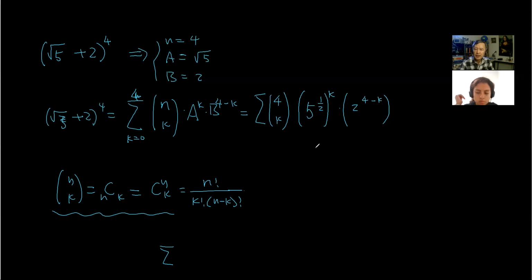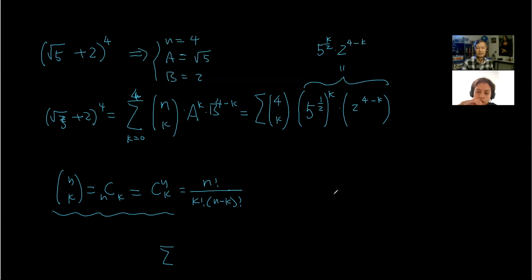Now, can we simplify this first? We simplify it as 5 to the k divided by 2, first term. That's a little bit simplified, but we can't do anything more. Well, in that case, we have to expand according to the 5 terms.